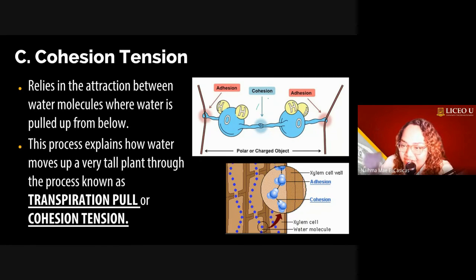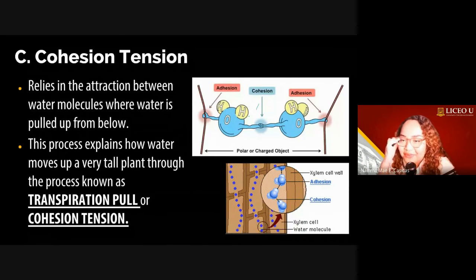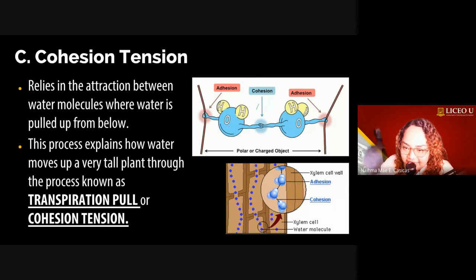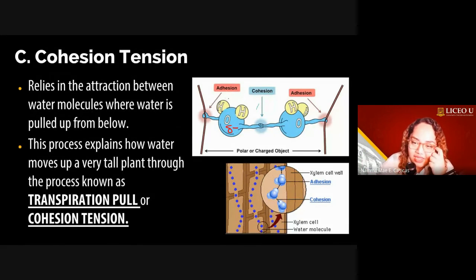And then ang imuhang H2O molecule, each molecule likes each other. That's cohesion. Because your water has partial positive and partial negative charges. Let's change the color of the ink. Ang oxygen is partially negative, and ang imuhang hydrogen is partially positive.